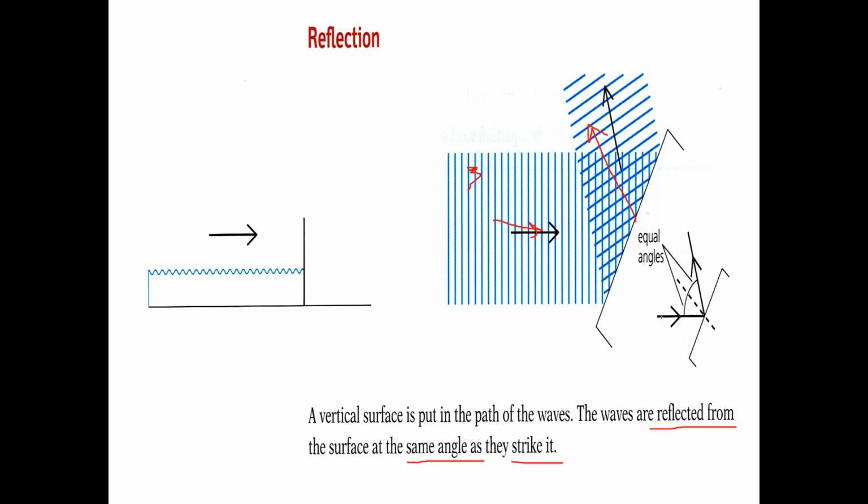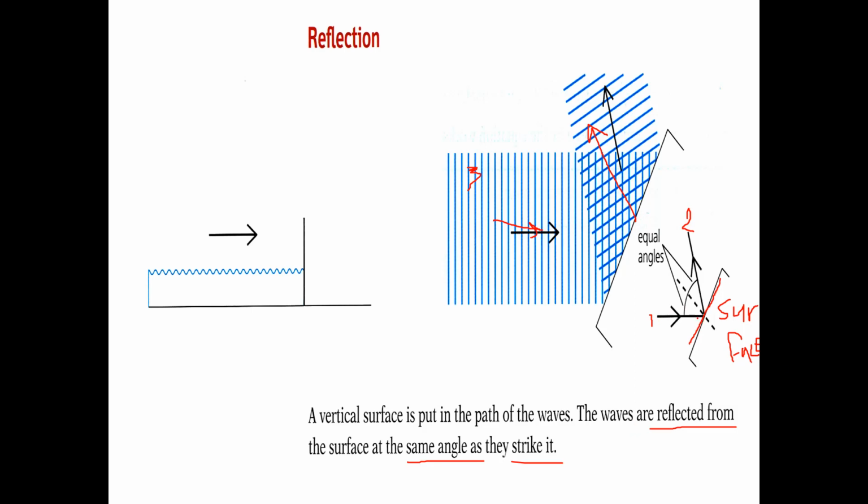How? This is number one. Number one represents the wave direction. This part is the surface. Then number two is the reflected wave.